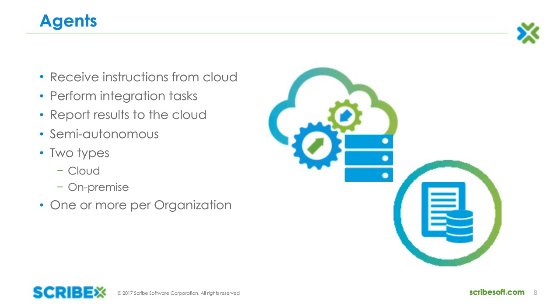So an on-premise agent has the additional security benefit that you can keep the data within your own sphere of influence or within your own security domain, especially in the case where you are integrating on-premise systems. In that case, the actual data is never going up to the cloud. It's only sending information about what happened back to the cloud.